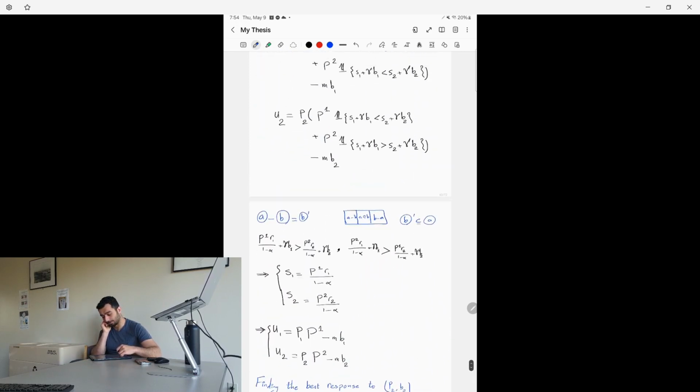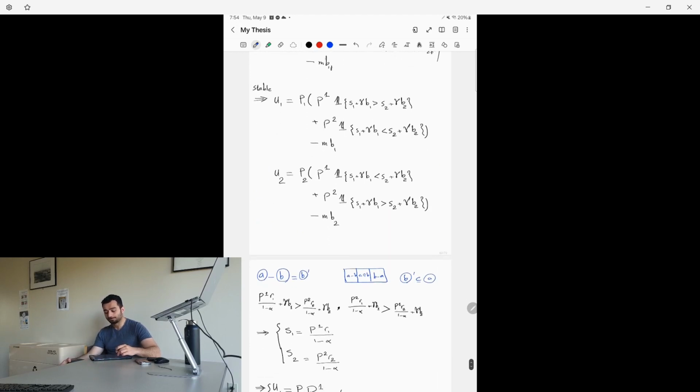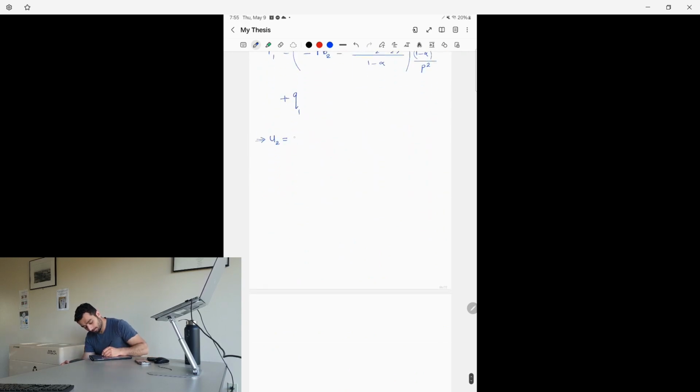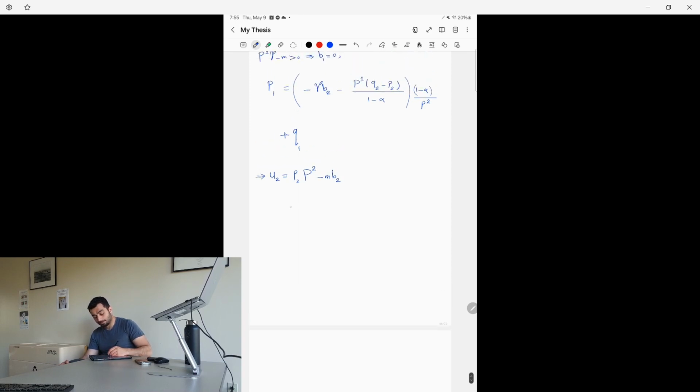Where is the formula for U? Okay, U2 will be P2 minus MB2. So the other guy is trying to maximize P2 minus MB2 over P2 and B2.